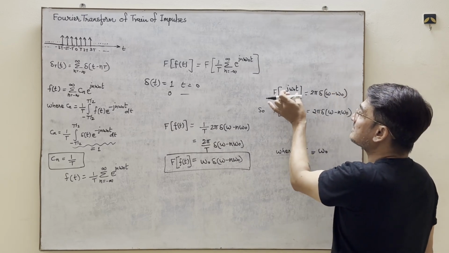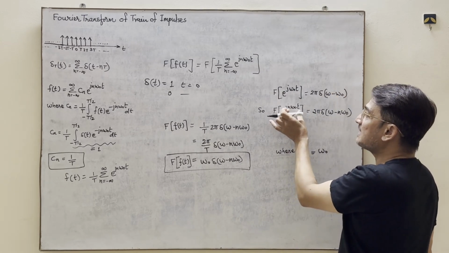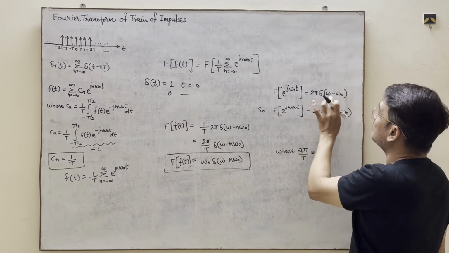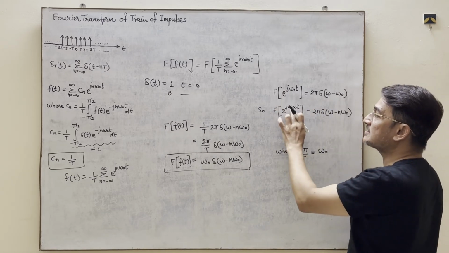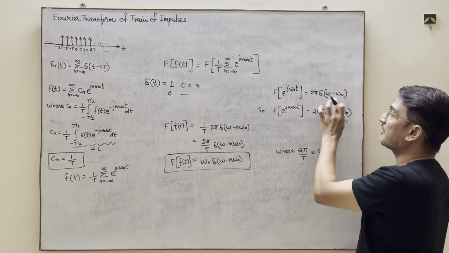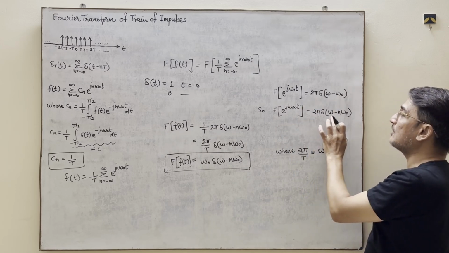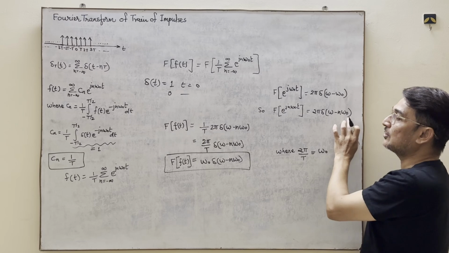So if instead of j omega naught t you have j n omega naught t, then this omega naught will become n omega naught. Only omega naught is multiplied with n, so your transform will be 2 pi delta(omega minus n omega naught).